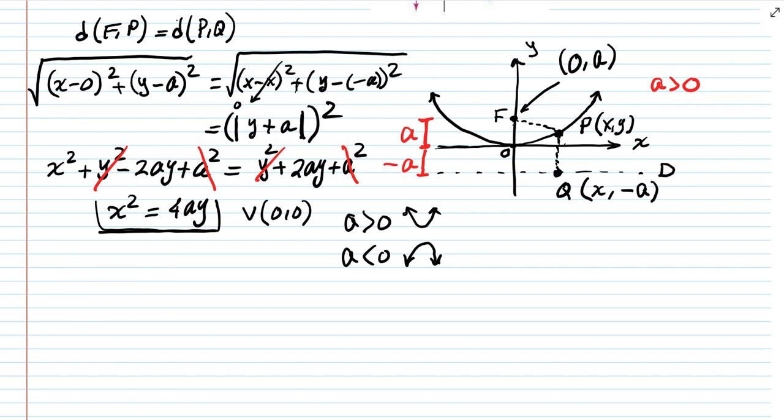Now, one other thing about the parabola here: there is a line segment that runs through the focus. It's a chord of the parabola. Remember, a chord on a curve or a graph connects two points on the curve or on the graph of the equation or the relation or the function.